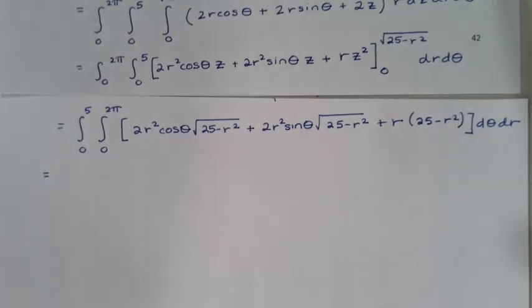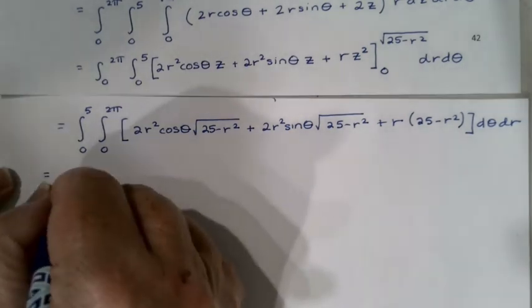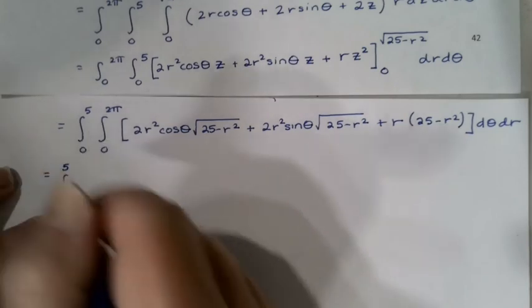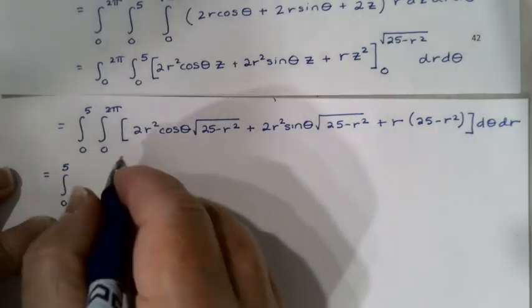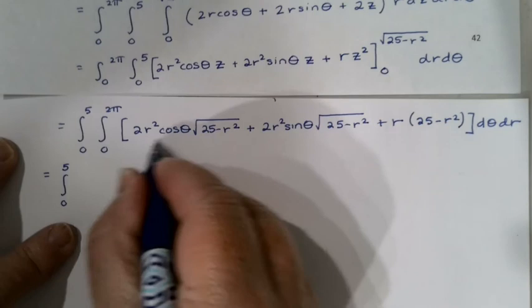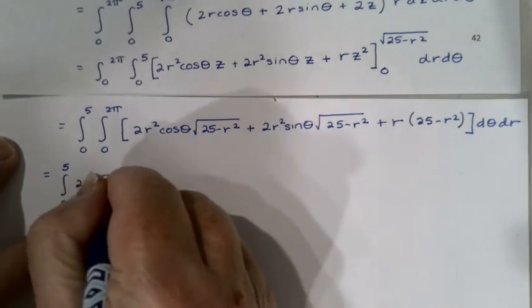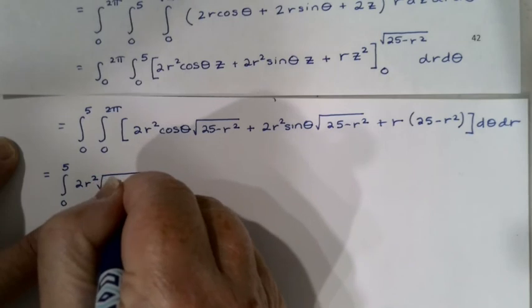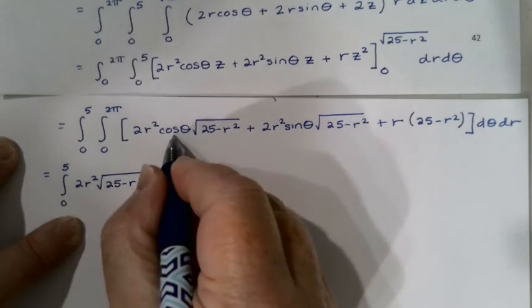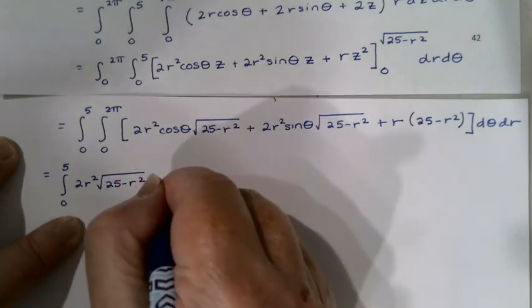Okay, I'm going to go ahead and do the theta integral. So let's see. I'll have here 2r squared, square root 25 minus r squared. And integrating cos theta is going to give me sine theta.